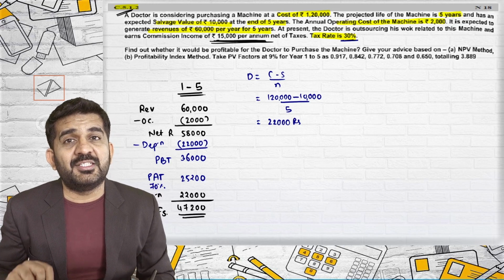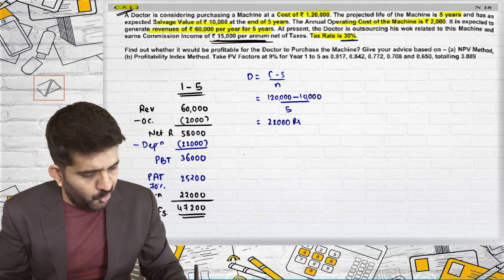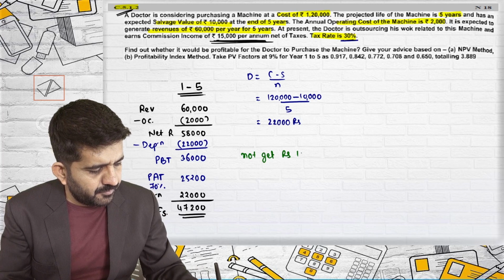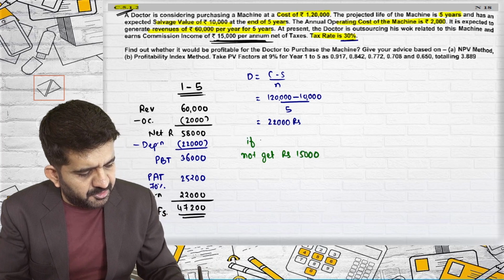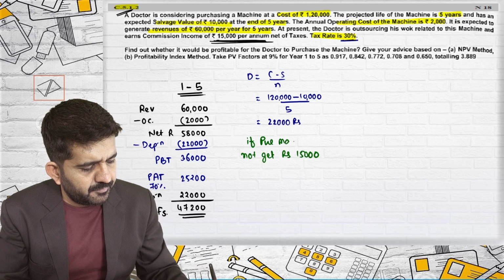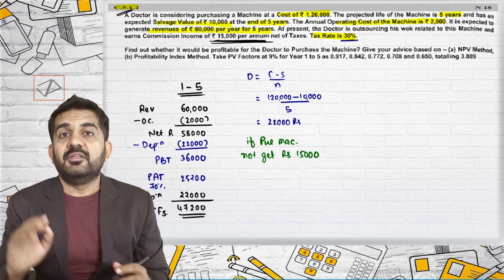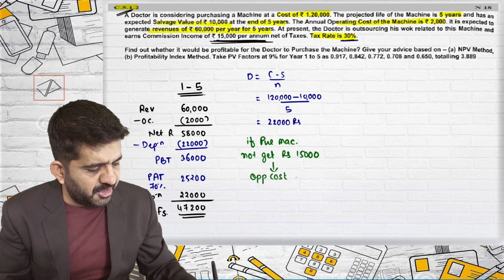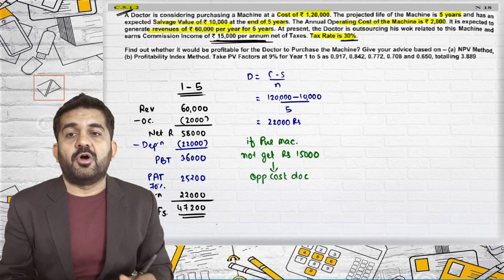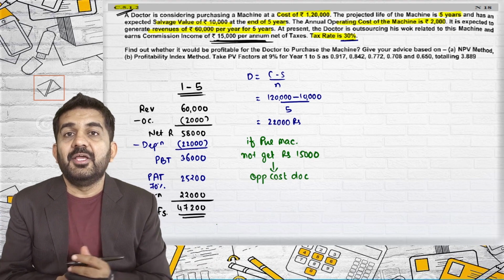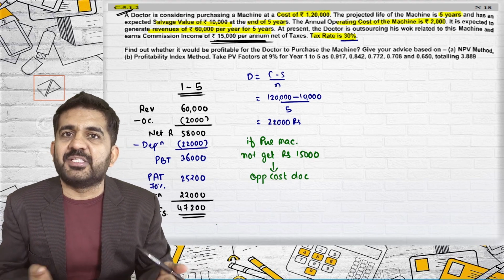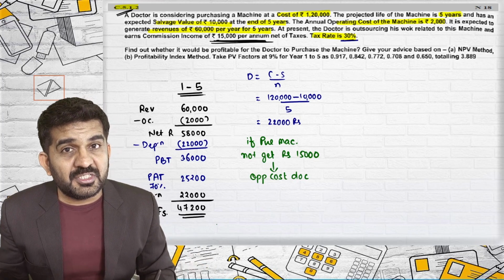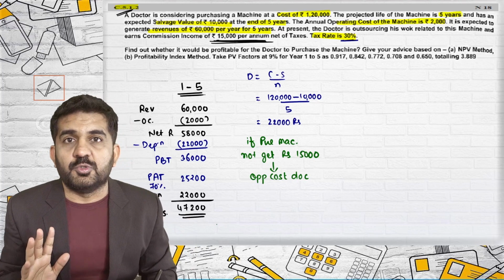If he purchases this machinery, he will not get this 15,000 rupees. Then this 15,000 rupees is opportunity cost for the doctor. He would have earned this 15,000 rupees had he not taken this decision of purchasing the machinery. Now, if he purchases this machinery, he will lose this 15,000 rupees.